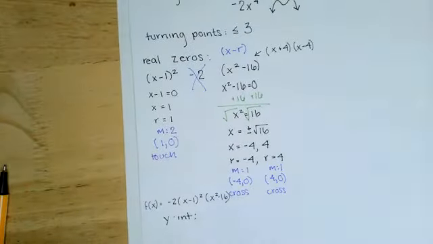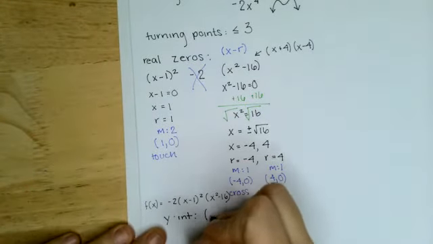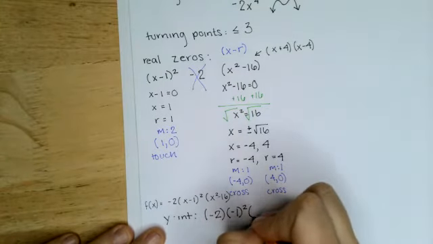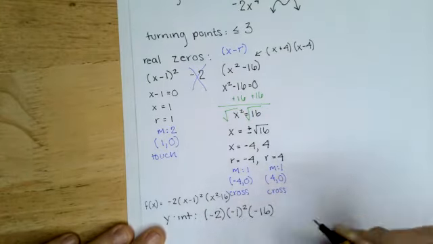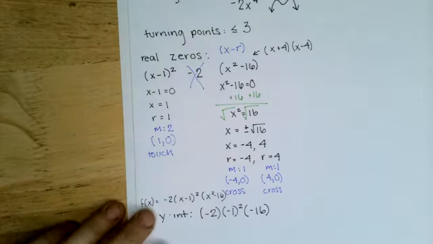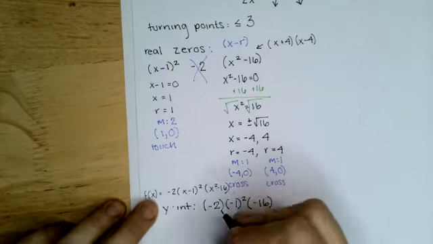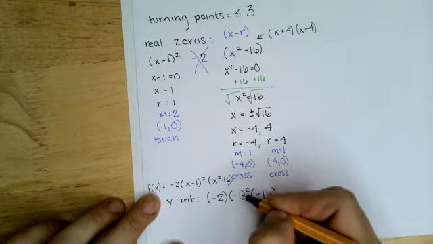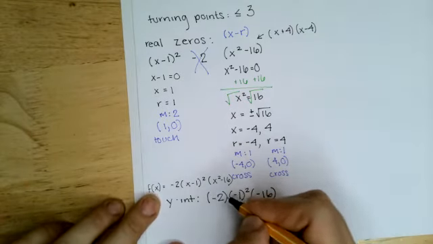So we're going to multiply -2 times -1 squared times -16, because those were the constants of our three factors. Good. When I multiply that, -1 squared becomes a +1 times a -2.